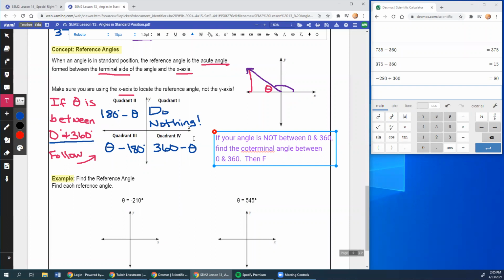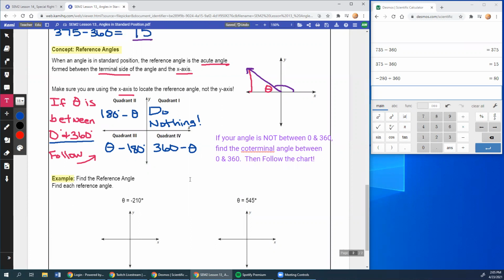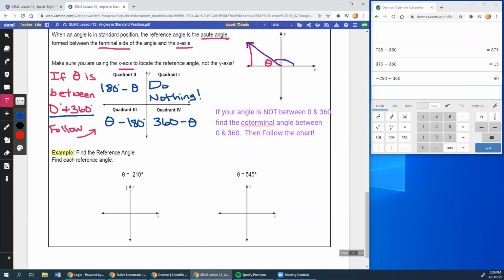Then follow the chart. So that is what you need to do. If it is not between 0 and 360, you are going to find the coterminal angle and then follow the chart.